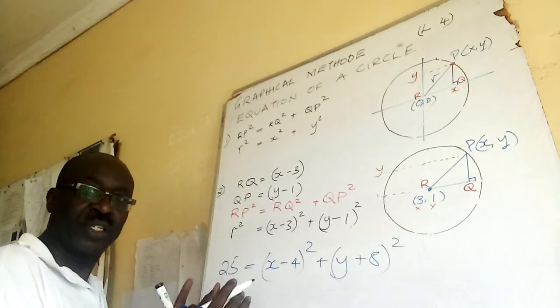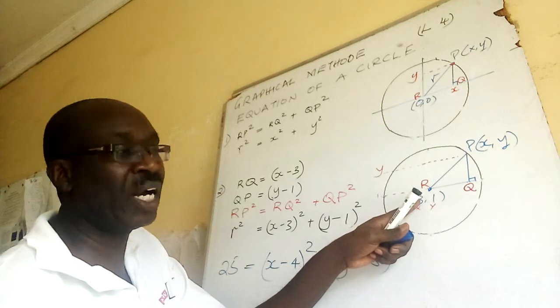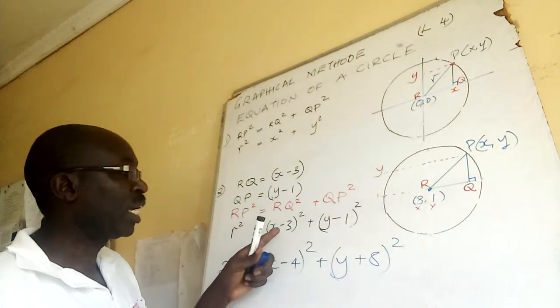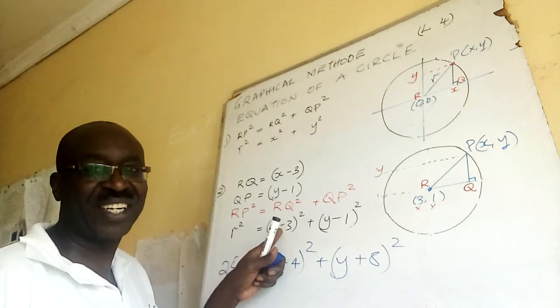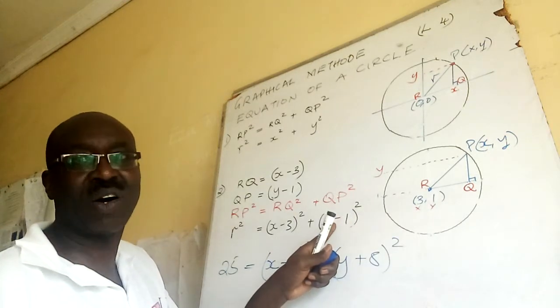If I'm given this, you can see when the center's x coordinate is 3, it appears as the opposite, minus 3. When it is positive 1, it appears as the opposite.